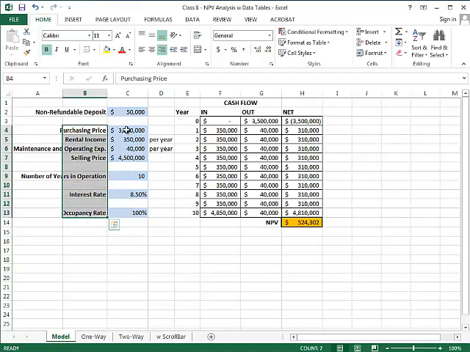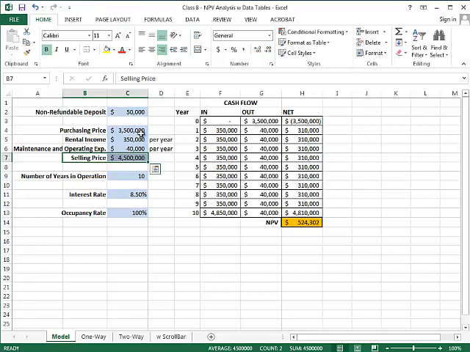For example, if you look at purchasing price and selling price, which one do you think is more likely to change? Well, if you have taken a forecasting class or if you have basic business intuition, you would know that anything that's out in the future is less likely to be certain, and anything closer to the present time is more of a sure thing.